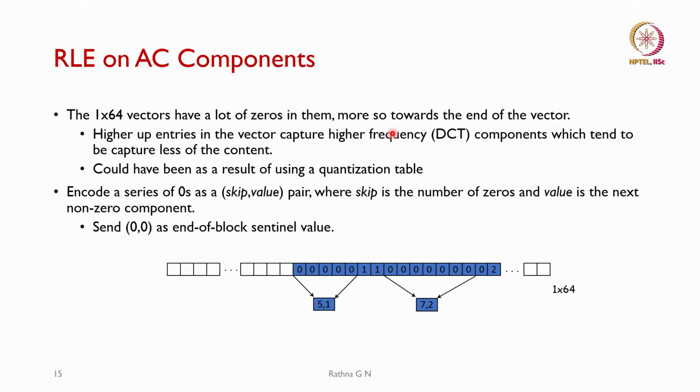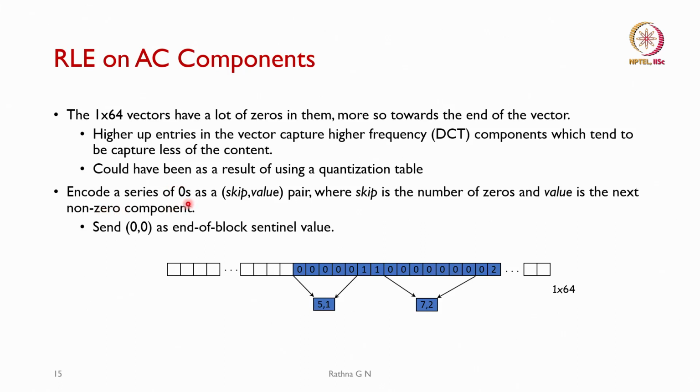Next, we can have a run length encoder on the AC components, because the 1 by 64 vector has a lot of zeros in it, more so towards the end of the vector. The higher up entries in the vector capture higher frequency DCT components, which tend to capture less of the content. This could be the result of using a quantization table.